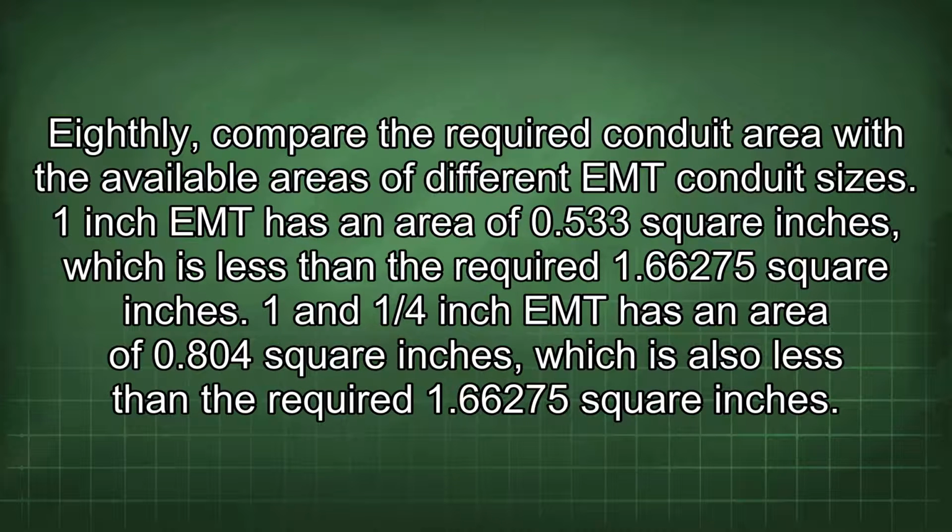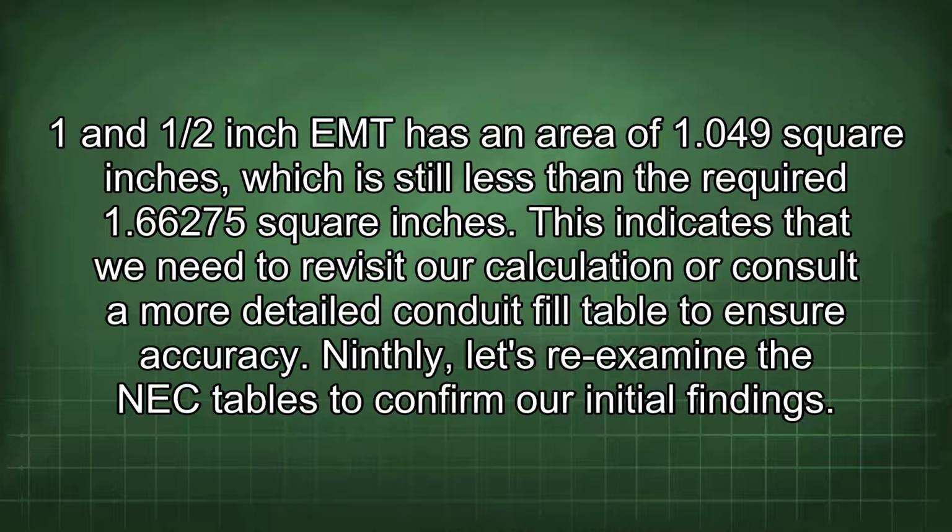Eighthly, compare the required conduit area with the available areas of different EMT conduit sizes. 1-inch EMT has an area of 0.533 square inches, which is less than the required 1.66275 square inches. 1 and 1/4-inch EMT has an area of 0.804 square inches, which is also less than the required 1.66275 square inches. 1 and 1/2-inch EMT has an area of 1.49 square inches, which is still less than the required 1.66275 square inches.